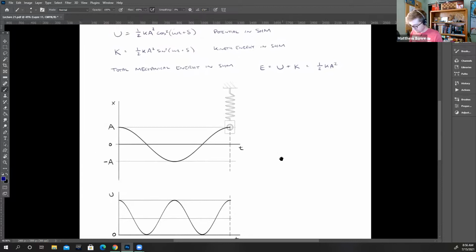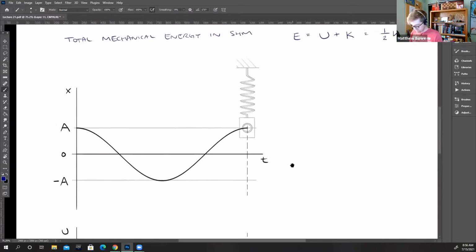We have the position versus time graph. This is our graph we've seen before, except now I've compressed the spring at this specific moment. It's up here, at the top of its amplitude, and it's just moving along at a consistent rate.